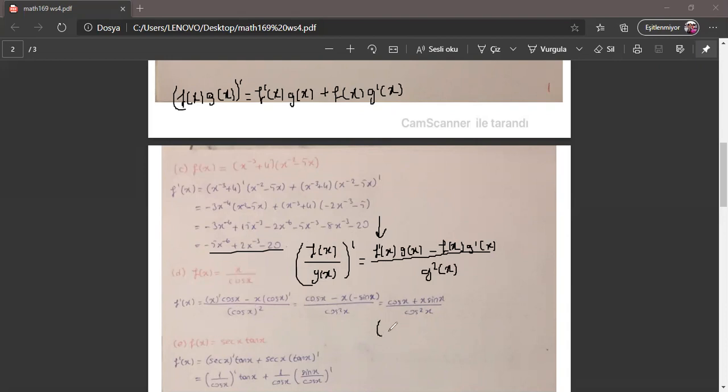And remember, the derivative of cosine x is minus sine x, and the derivative of sine x is cosine x, okay? So what's the derivative of x? It's 1, and you write the second function minus x times the second one's derivative, which is minus sine x, over cosine squared. So you have this, okay?